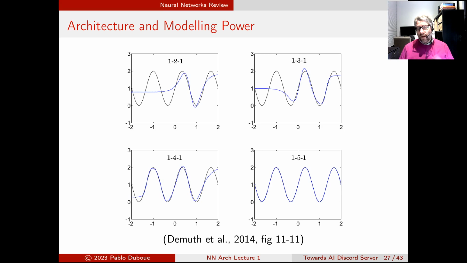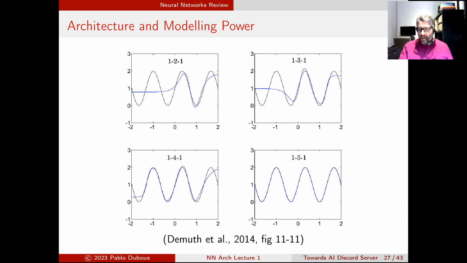And if we have a neural network with 2 neurons in the middle layer, then it can only get one of the waves of the sine. If you have 3, then you get 2 of the waves. If you have 4, you get 2, and if you have 5, then it can get it completely.